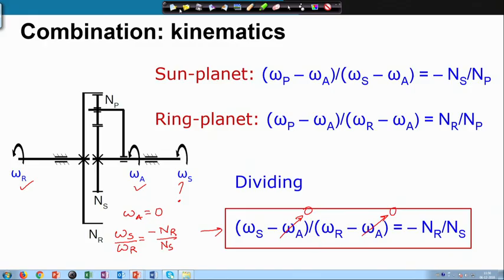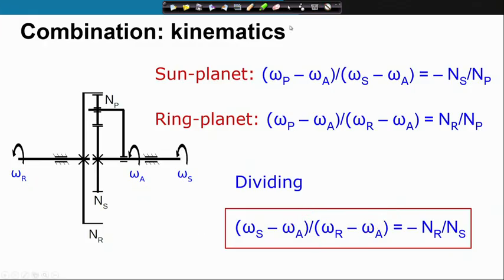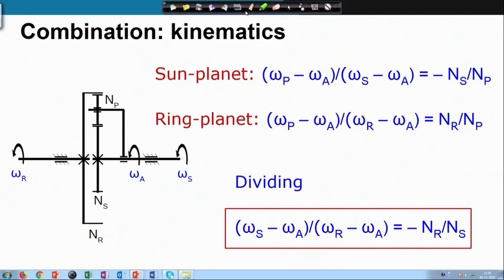On the other hand, let us say we fix the arm with one of the gears, let us say omega arm is equal to omega sun. Suppose I fix the arm onto the sun, then omega arm and omega sun are equal. If that be so, then this whole thing vanishes, this becomes 0.